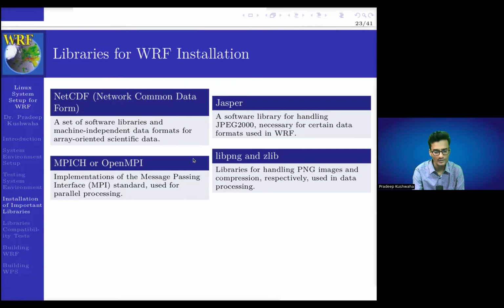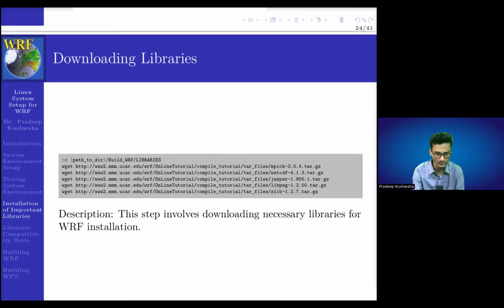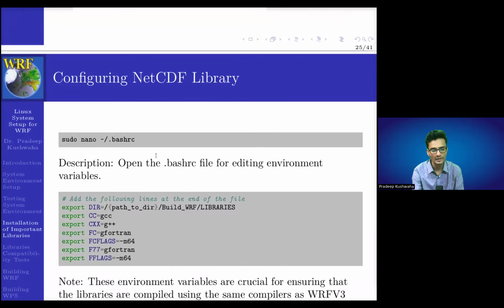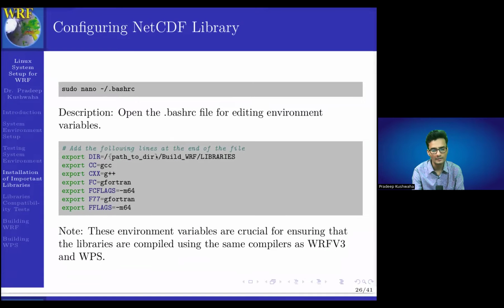So first, let's download using these commands, and then we will start installing the first one, that is the netCDF library. Before installation of this, we have to make sure that these different paths or lines have been added in your bashrc file. So open it using sudo nano .bashrc.